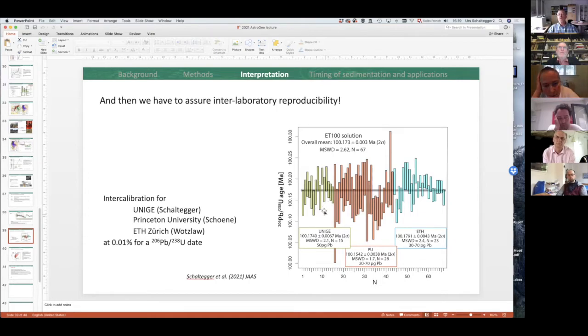And when you want to add then the decay constant uncertainty, then this would double the uncertainty again. So when you compare very precise uranium lead dates with argon dates, you should add the uranium decay constant uncertainty, because argon dates are produced with another decay system.